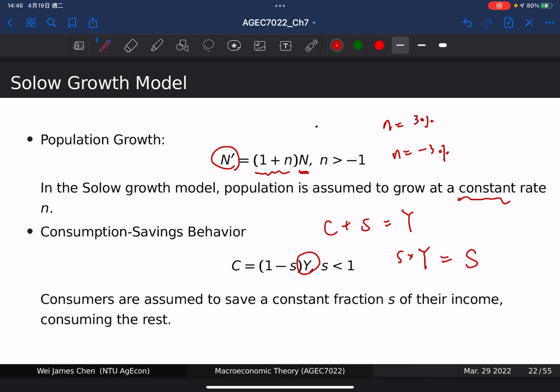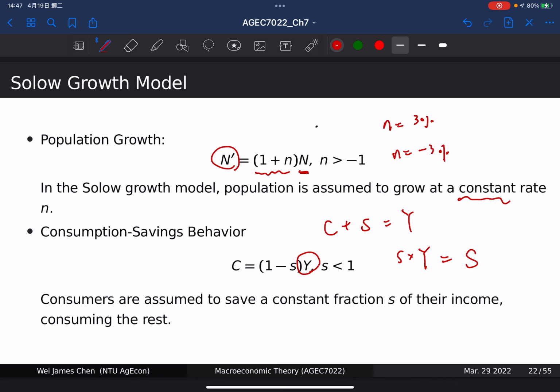And also, this is kind of like the question that you were asked in the midterm exam. You should notice that the lowercase n and lowercase s here, the population growth rate and the saving rate, are exogenous variables. They're not endogenous. Endogenous means it will be determined by the inputs and the exogenous variables.